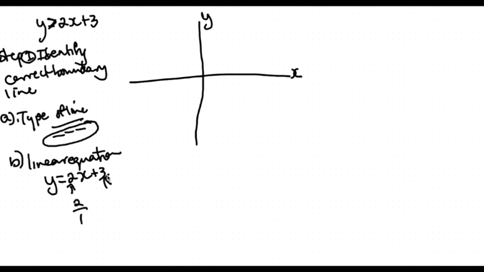And 3 is my b, which is my y-intercept. So let's say this is 3. And let's say this is my distance 2 and my distance 1 here. So therefore my line, I'm going to use a different color, is going to look something like this. Sorry that it's not being straight.